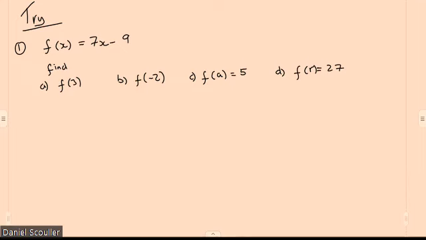F of what? F of R. Okay, so finding the letter R.